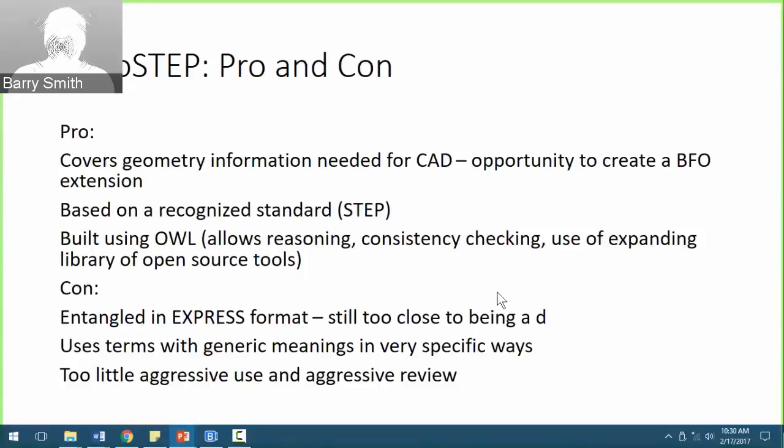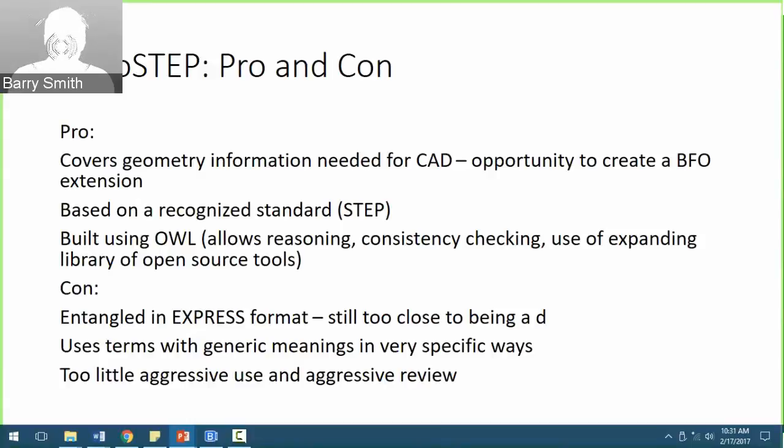So let me just give you a quick overview of my view of OntoSTEP. On the positive side, it covers needed geometry information, and BFO does not have any geometry information, really. It has a very, very small ontology of spatial regions. And none of the ontologies which have been built on the basis of BFO cover geometry. They certainly don't cover the geometry which would be needed for CAD.